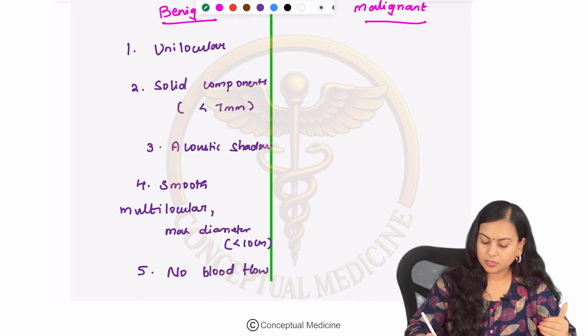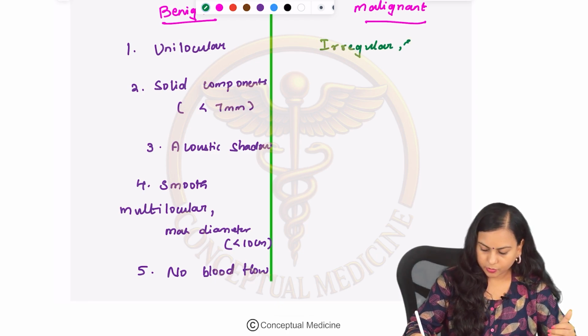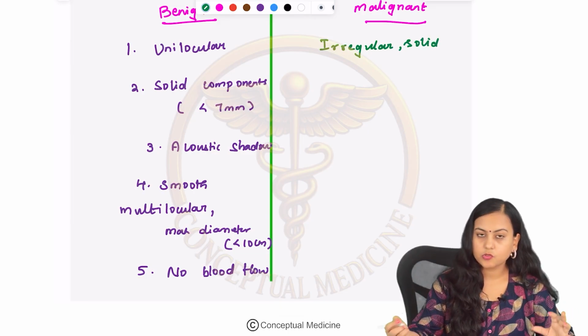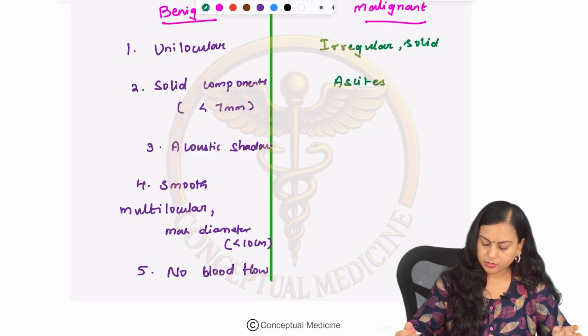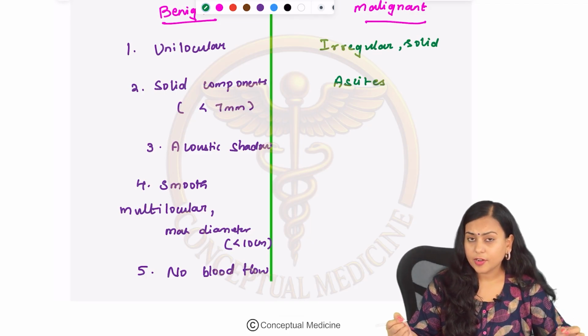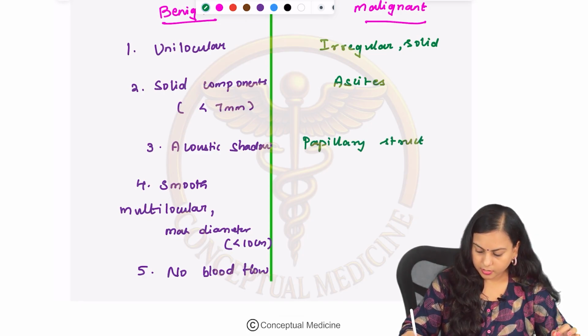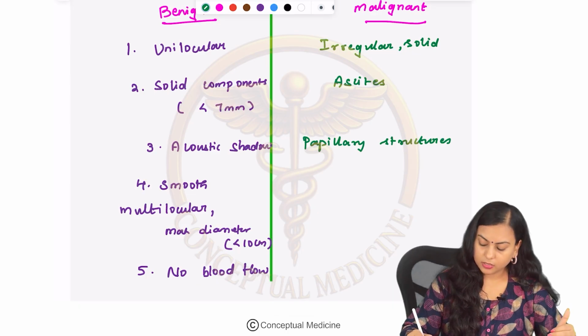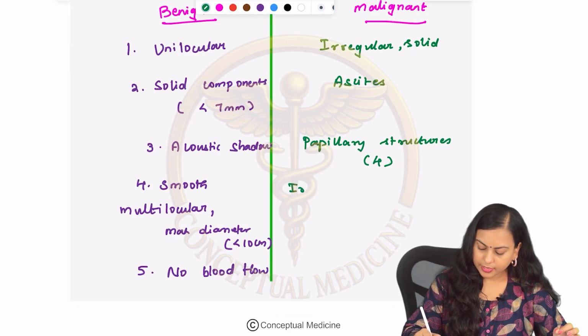So these malignant masses that you see in the ovary are going to be irregular and more or less they are going to be solid, okay, more solid. There will be presence of ascites as well as, instead of acoustic shadows, there will be presence of papillary structures, and there will be at least 4 papillary structures present, and these are irregular multilocular tumor.